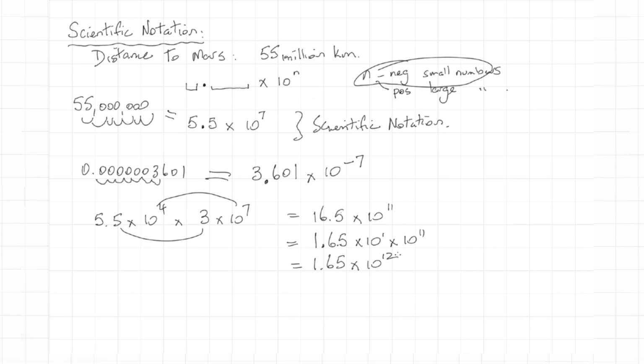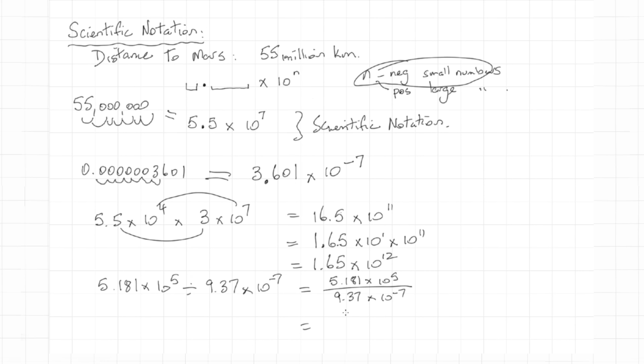Division, we've got 5.181 times 10 to the power of 5 divided by 9.37 times 10 to the minus 7 equals. Now we can write division in fraction form, 5.181 times 10 to the power of 5 over 9.37 times 10 to the minus 7.